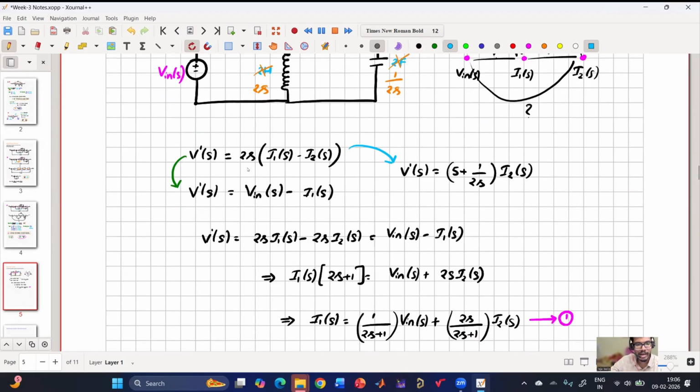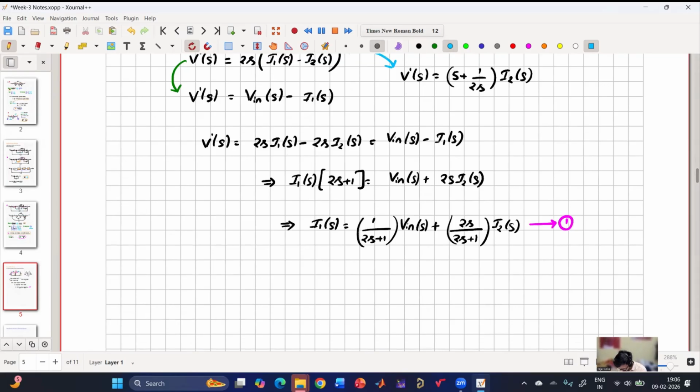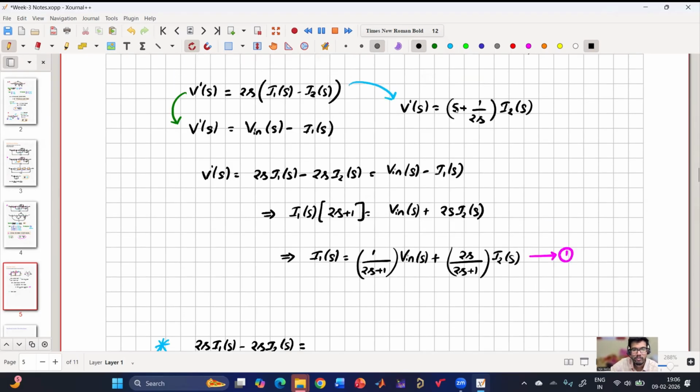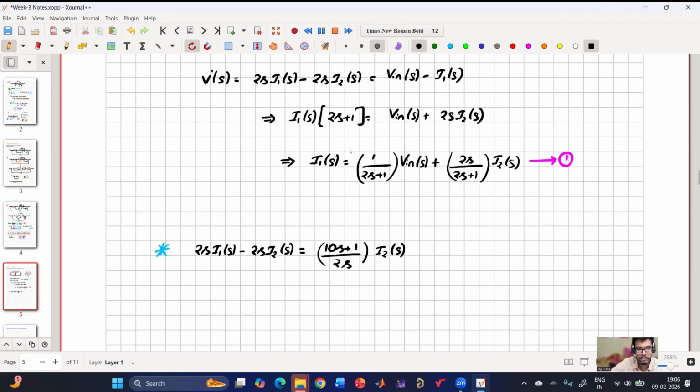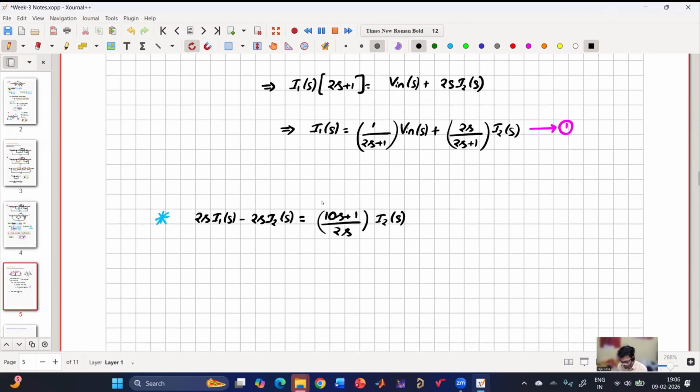So on the left hand side, we have 2S into I1 of S minus 2S into I2 of S, which is equal to 2S into (5, 10S plus 1 by 2S) into I2 of S. So now I will bring I2 of S to one side and I1 of S to the other side.